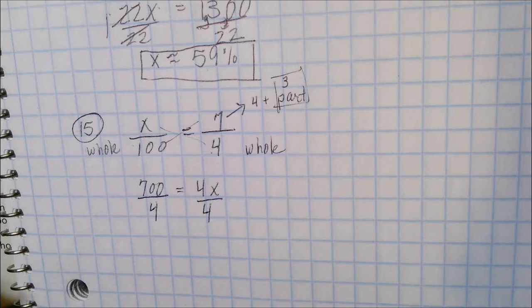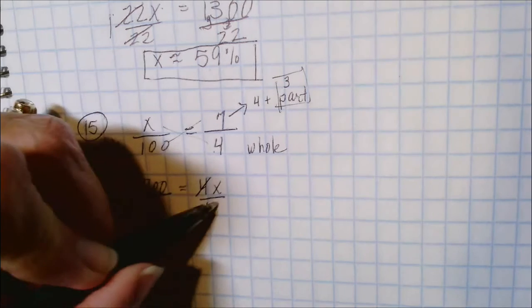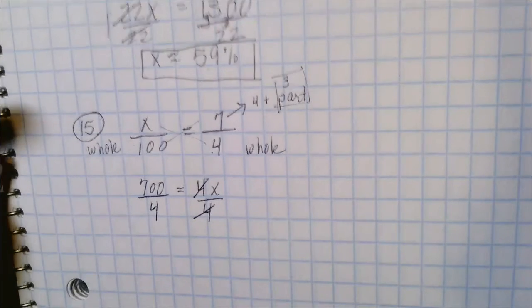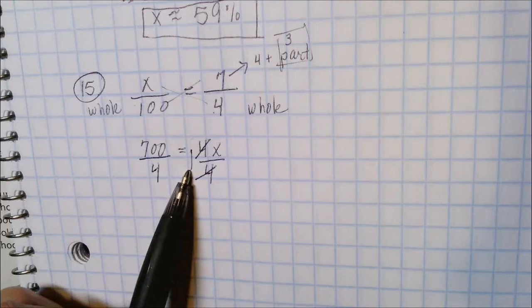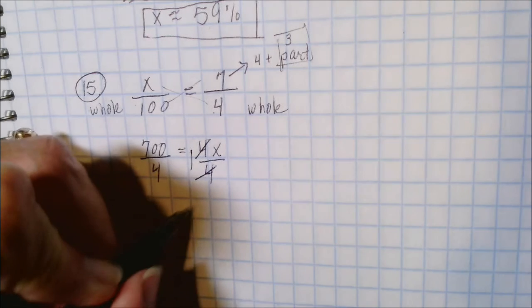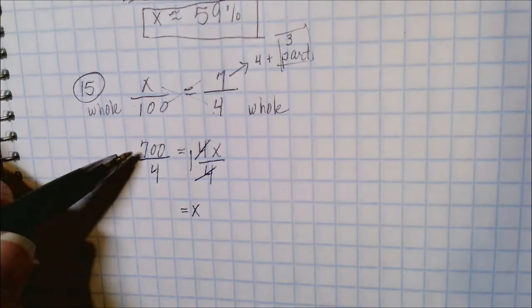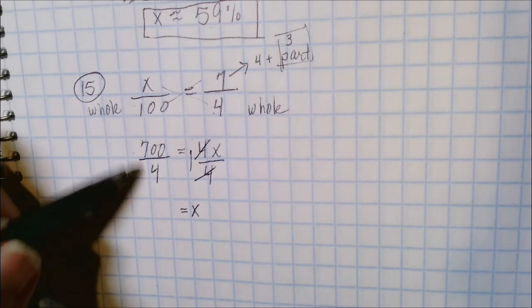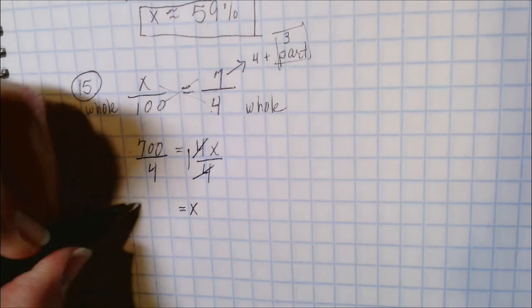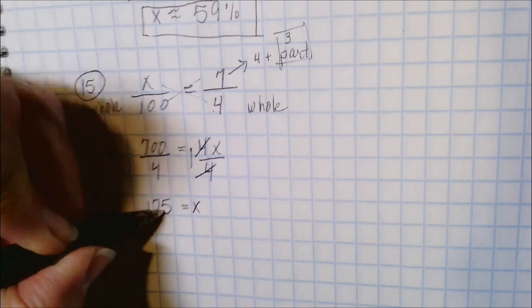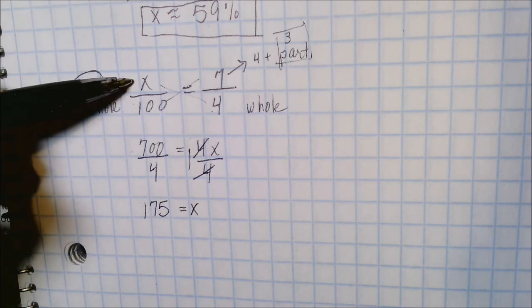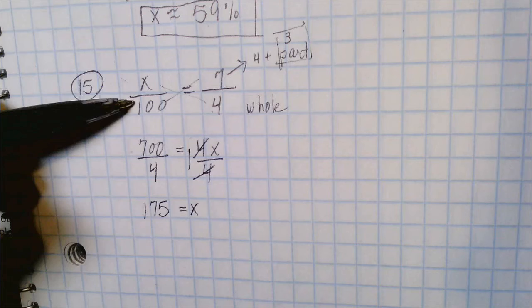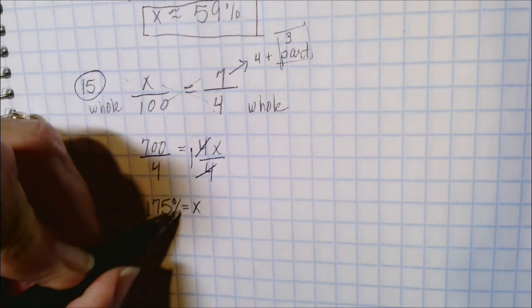Isolate your x value by dividing both sides by 4. 4 divided by 4 is 1. 1 times x just gives me x. 700 divided by 4 is 175. When I look back up at the problem, I can see that that x is over 100, so this is a percent.